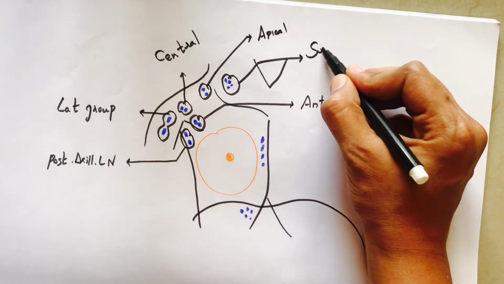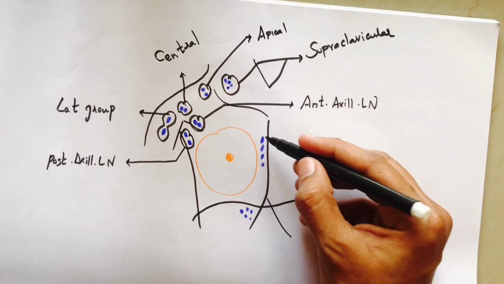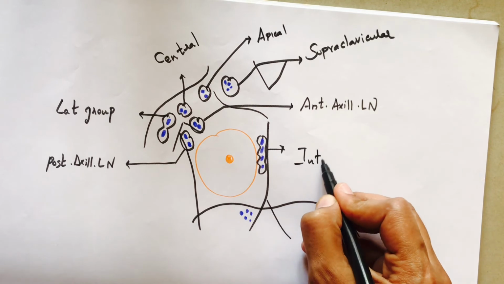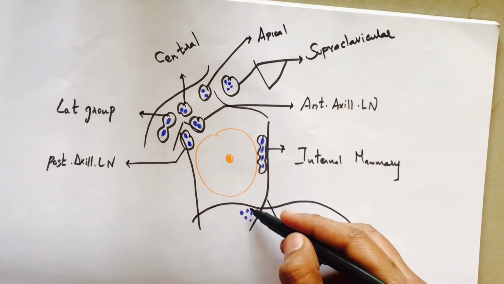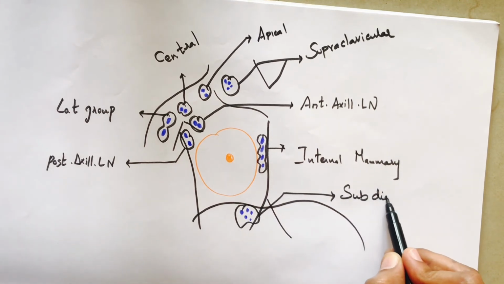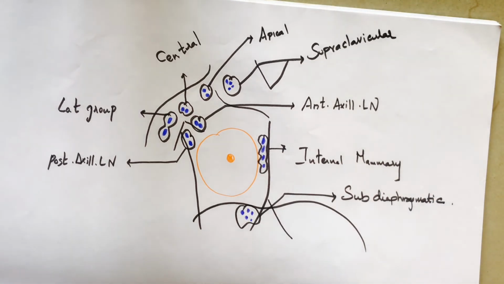And just above the clavicle, we have the supraclavicular group of lymph nodes. In the midline, there are internal mammary nodes or parasternal nodes. Beneath the diaphragm, we have subdiaphragmatic and subperitoneal groups of lymph nodes.